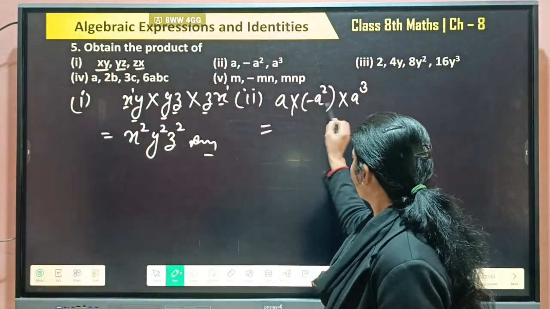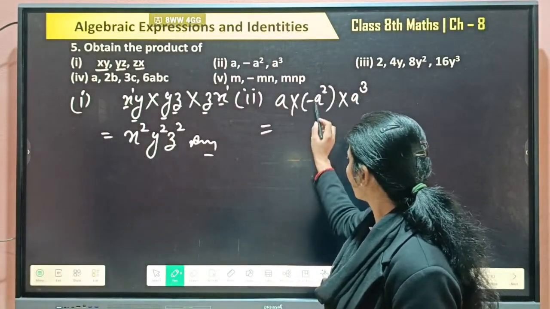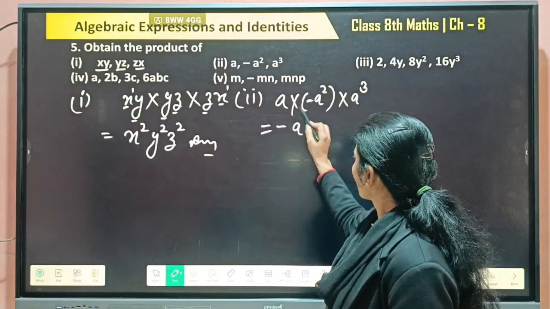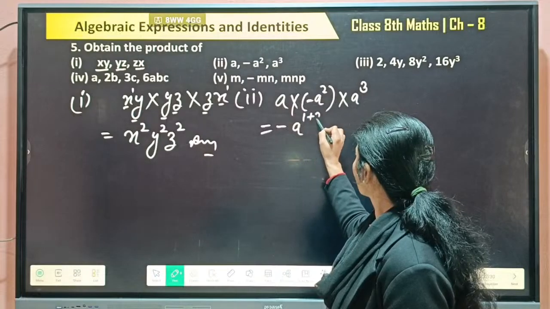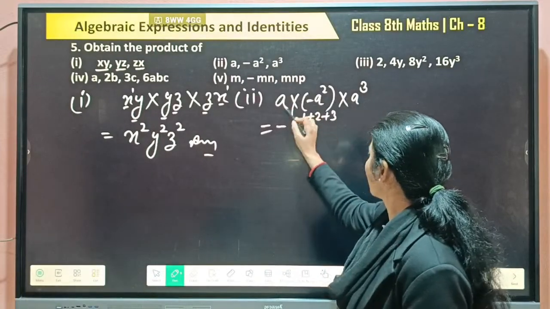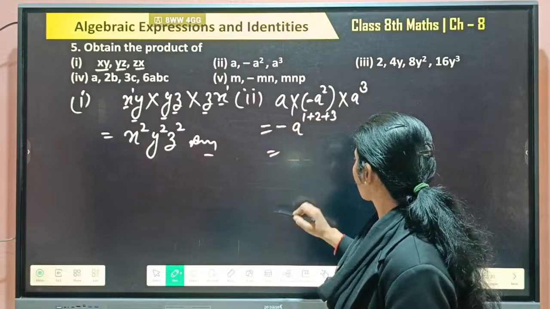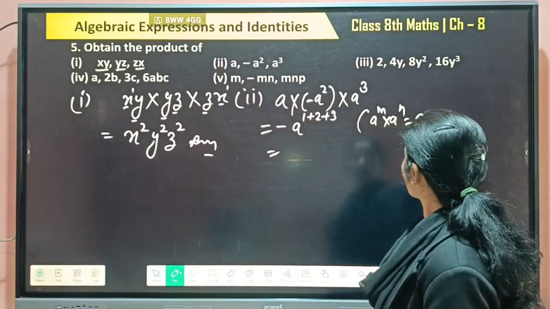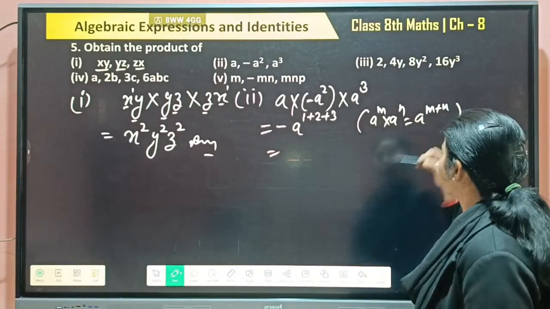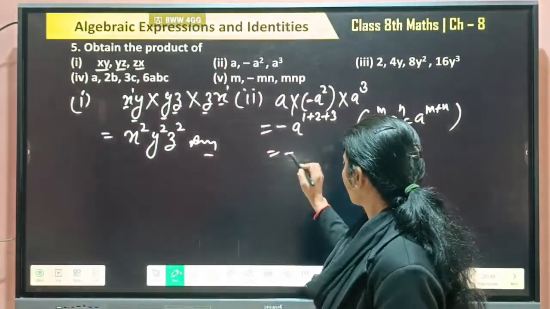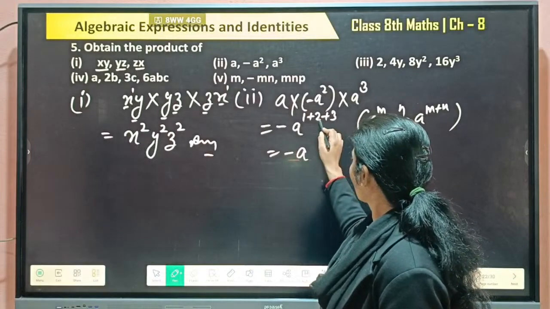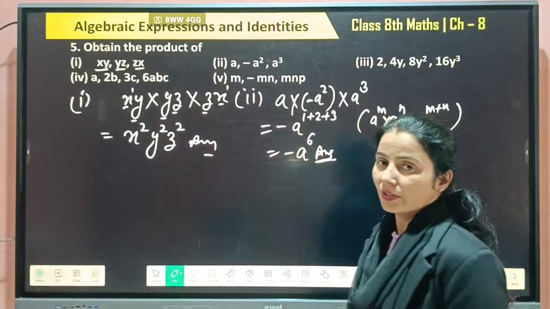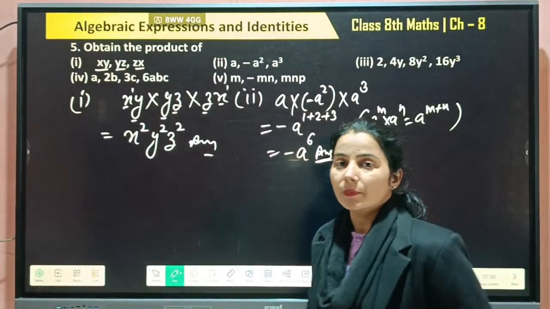All three terms contain base a, and this minus will be as it is. Now a raised to power 1 plus 2 plus 3. The same bases' powers will add using the laws of exponents: if a raised to power m into a raised to power n, then a raised to power m plus n. Now minus as it is, a raised to power 5 and 1 is 6, so minus a raised to power 6 is your answer. Let us see what the third part is.